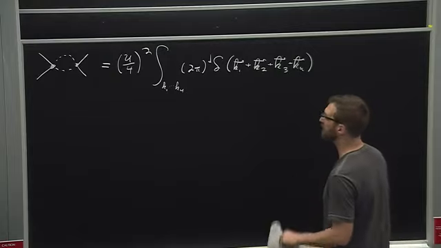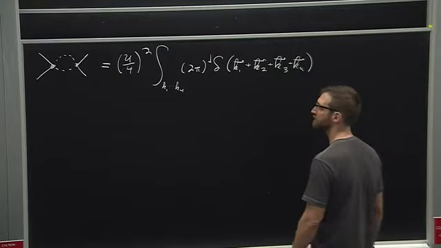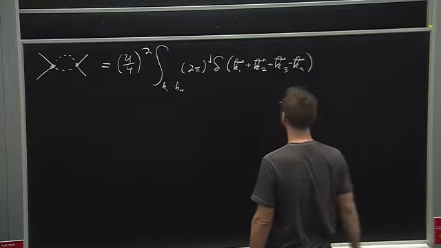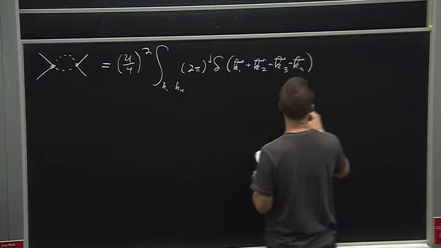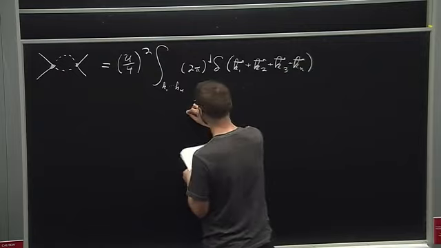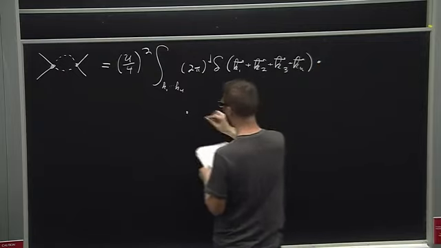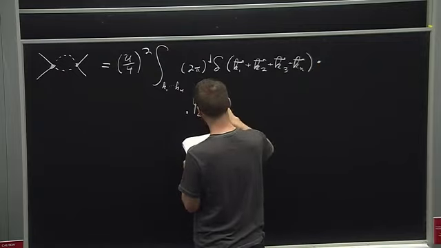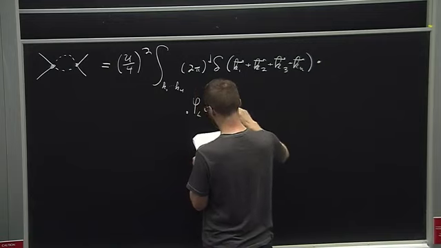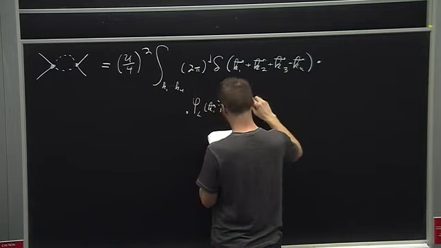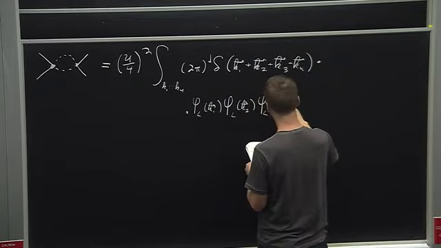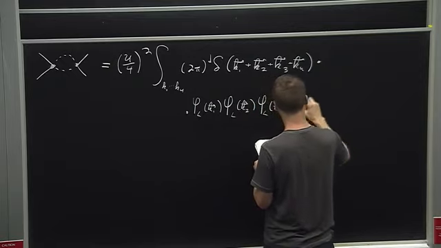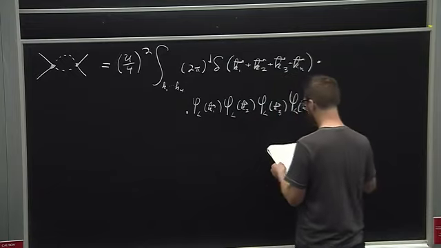Okay, so I have these four fields. I guess I'll write them here. K1, K2, K3, K4.